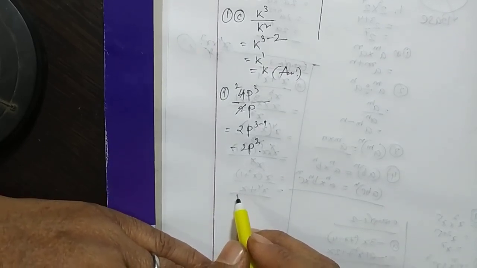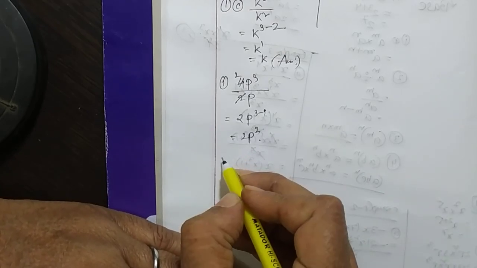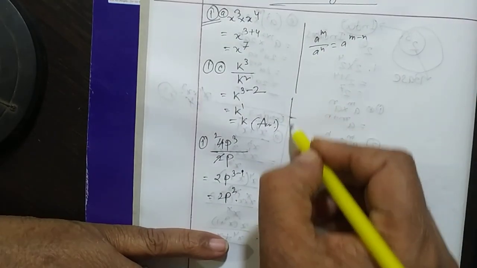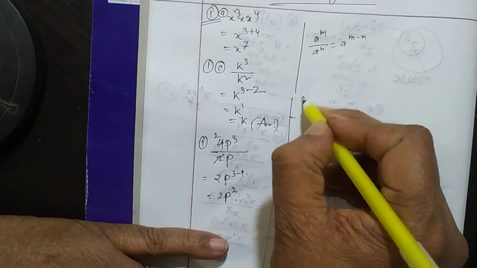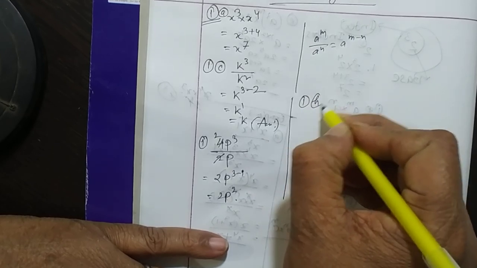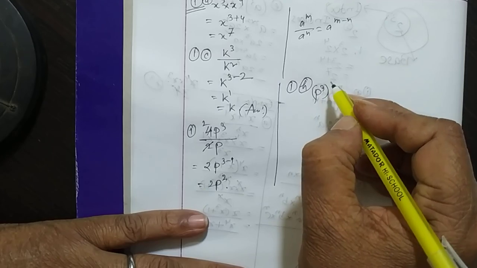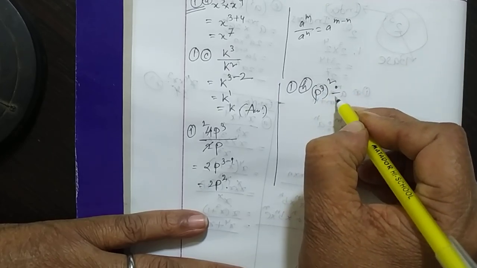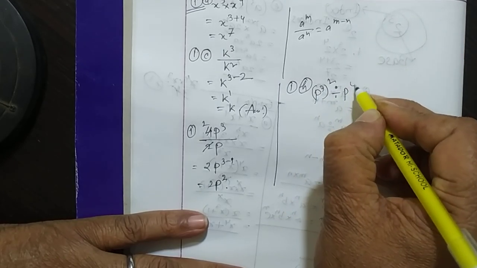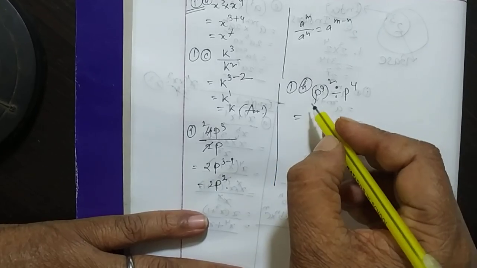Another a little bit difficult math, if we go with that, that is 1H. Here we have p to the power of 3 to the power of 2, and then division by p to the power of 4.